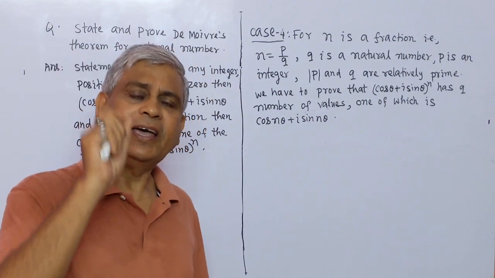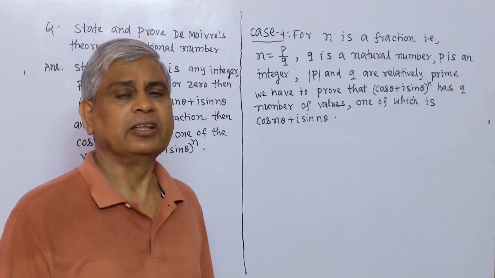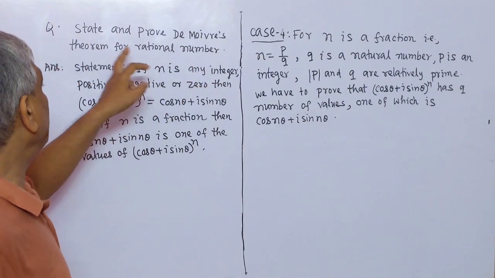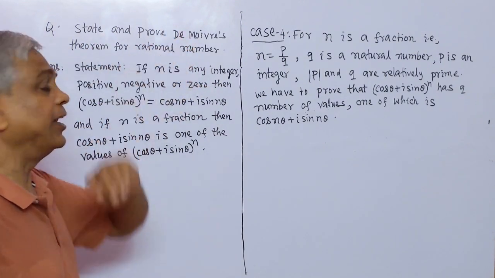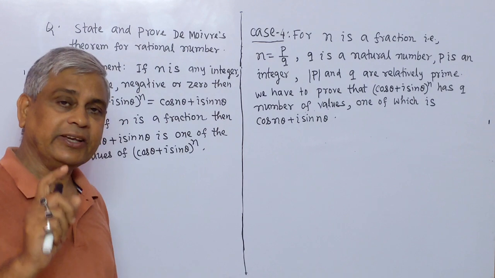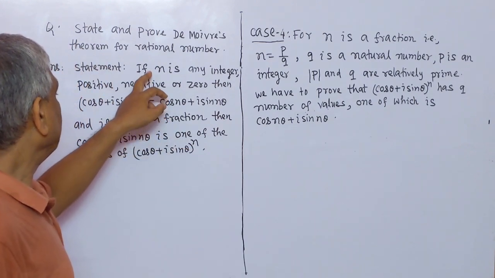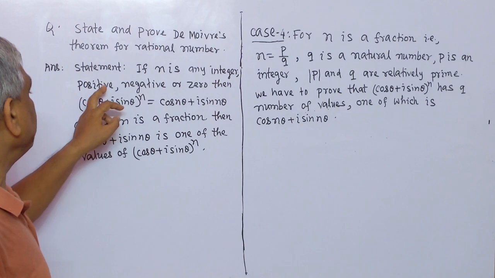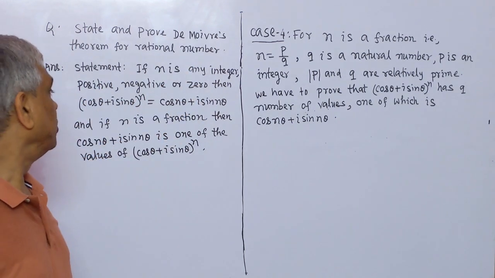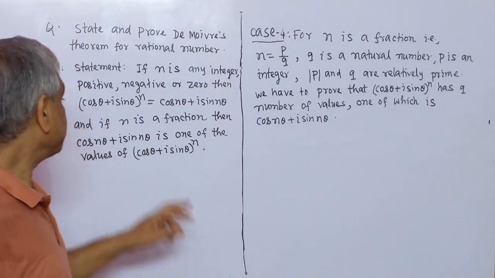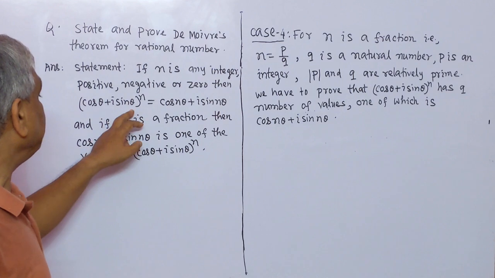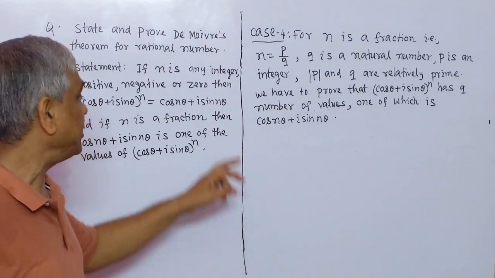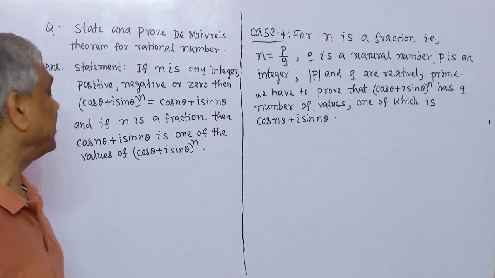In this case, if in the examination you get a question like this, state and prove de Moivre's theorem for rational number, then you write the statement as: if n is any integer, positive, negative or 0, then (cos theta plus i sin theta) to the power n equals cos n theta plus i sin n theta.